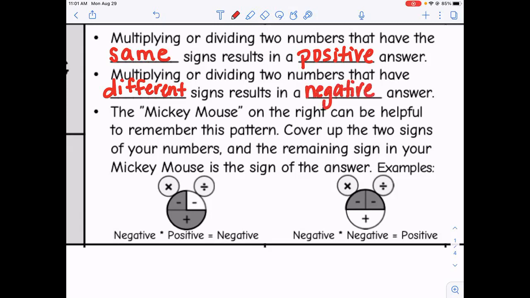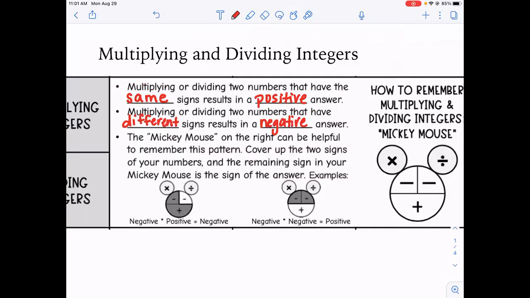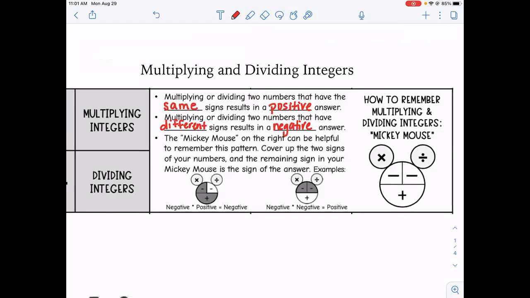Okay. So this little notes sheet has a Mickey Mouse, okay? Where Mickey Mouse has negative lines for eyes and then a plus sign for his mouth, okay?